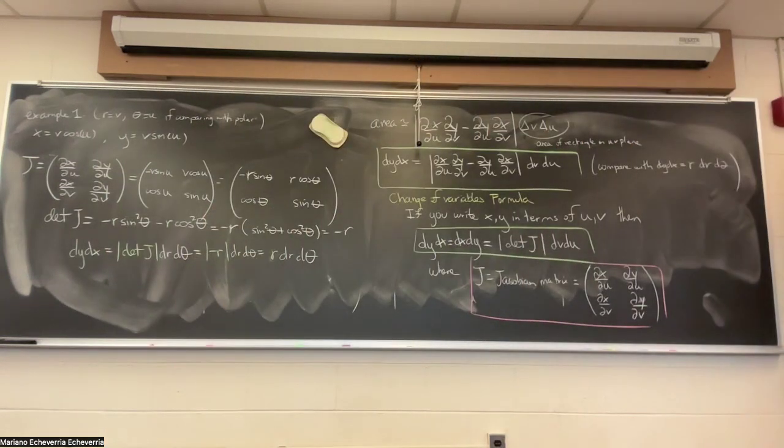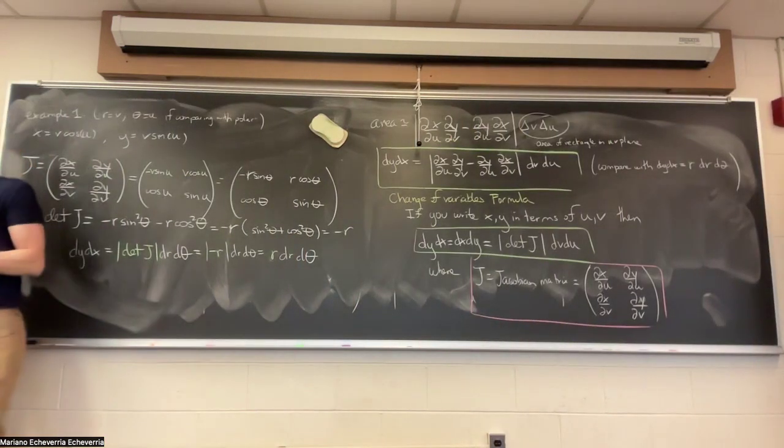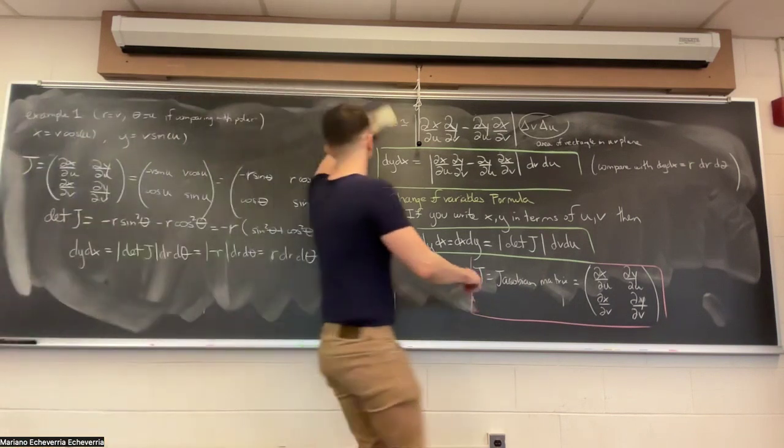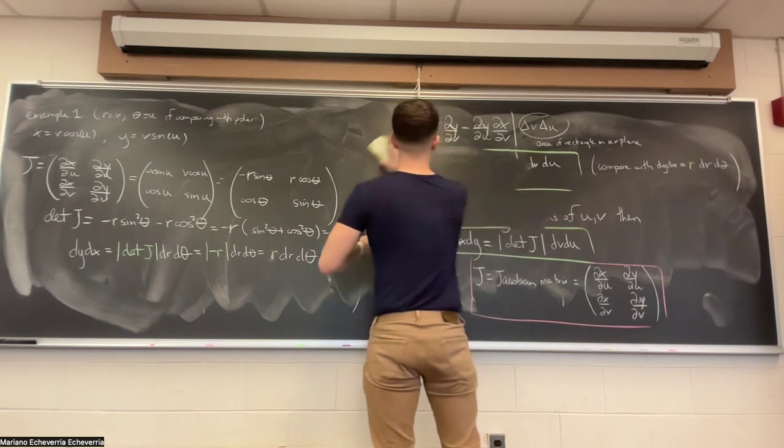Once you have this formula for changing variables, finding the Jacobians is pretty straightforward, okay? I'll do another example with Jacobians, and then I'll do more examples for actual double integrals. But at least I should find another Jacobian. So let's see, here's another example.